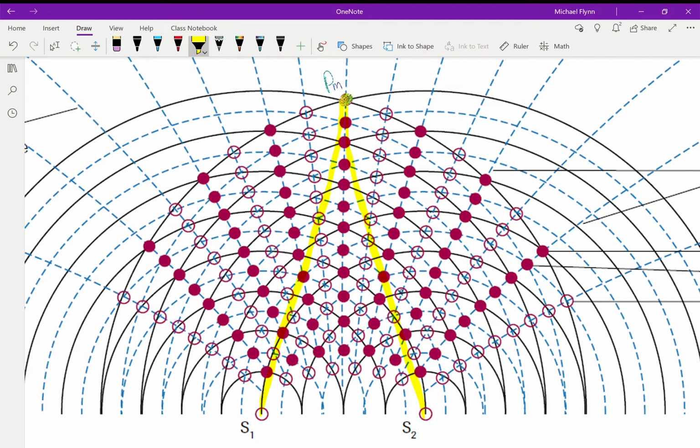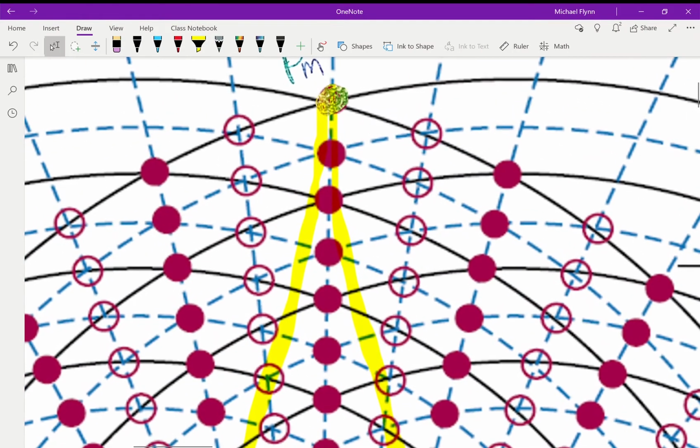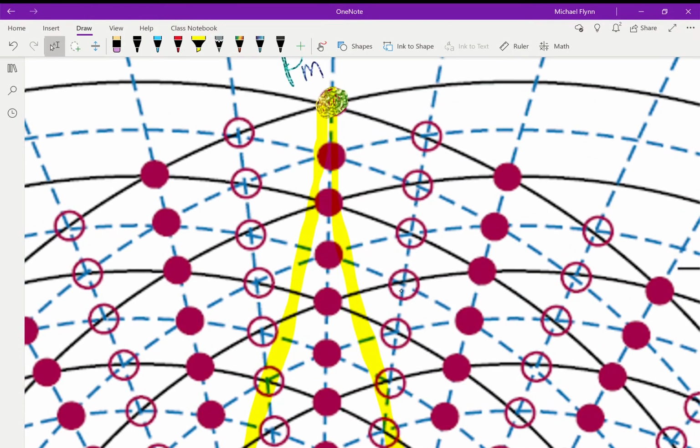Now, a wave traveling from S2 will travel along the other line on the other side, and it'll get to that same point. What we notice is that all the way down the middle, you're always getting crest and crest, or trough and trough. So let me zoom in a little more. I'll use a blue color.